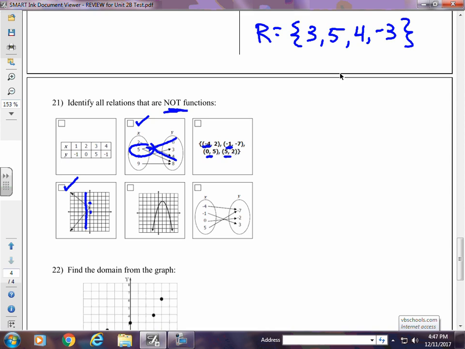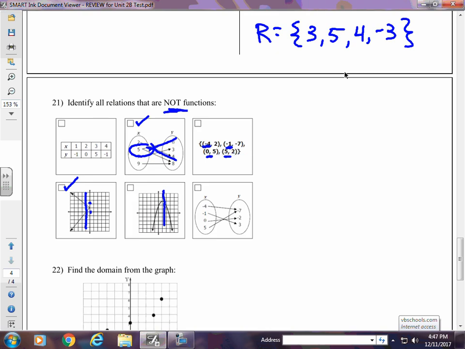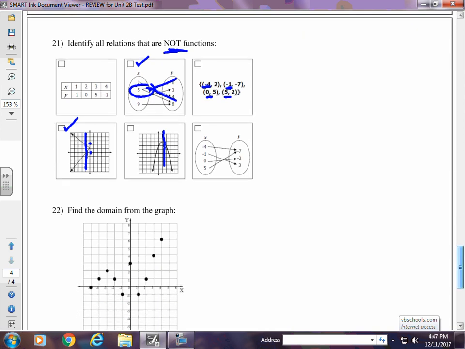When you draw a vertical line through the next graph, it will only hit one time everywhere you draw a line, so that one is a function. And then when you look at the last picture, all the numbers in the X oval have one arrow going out from them. So that one arrow shows that nobody is repeating. So that one is a function. So the only 2 pictures that are not functions are the 2 that are chosen.